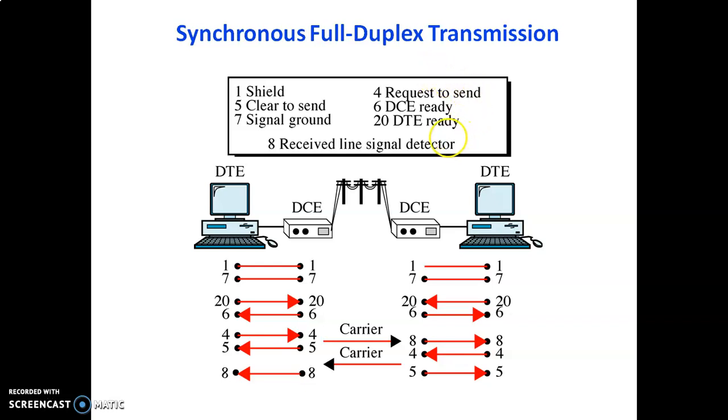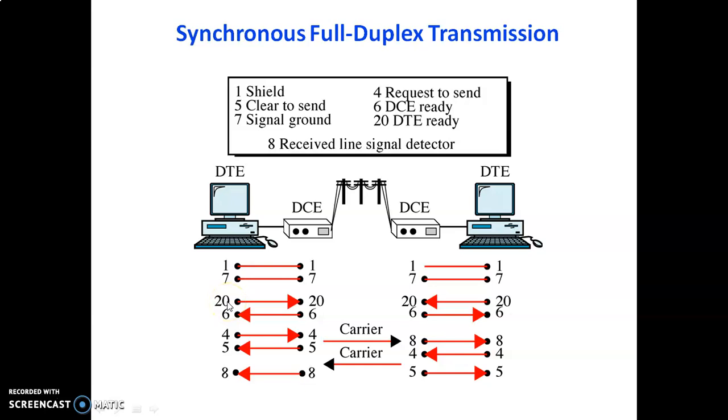The 2 grounding circuits, 1 and 7, namely shield and signal ground, are active on both sides, between the sending computer and modem combination and the receiving computer and modem combination. Pins 1 and 7 will be made ready. The first step is preparing for data transmission, and the second step ensures that all 4 devices are ready for transmission.